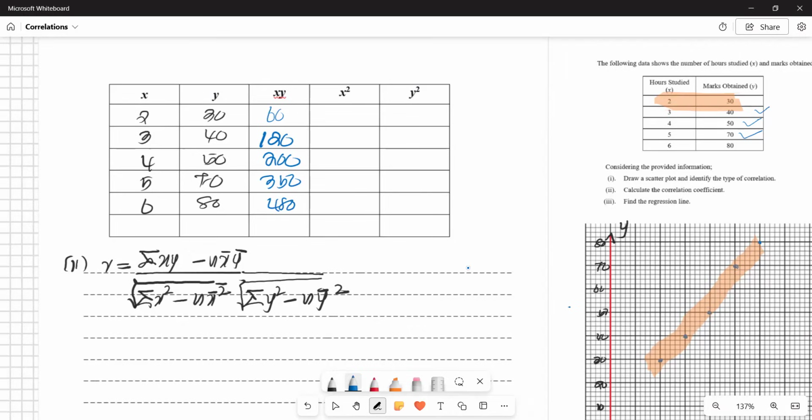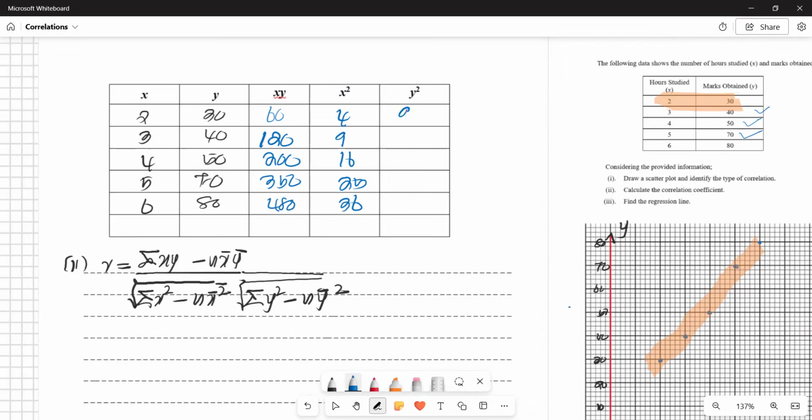X squared: 2 to the power 2 is 4, 3 to the power 2 is 9, 4 to the power 2 is 16, 5 to the power 2 is 25, 6 to the power 2 is 36. Y squared: 30 to the power 2.